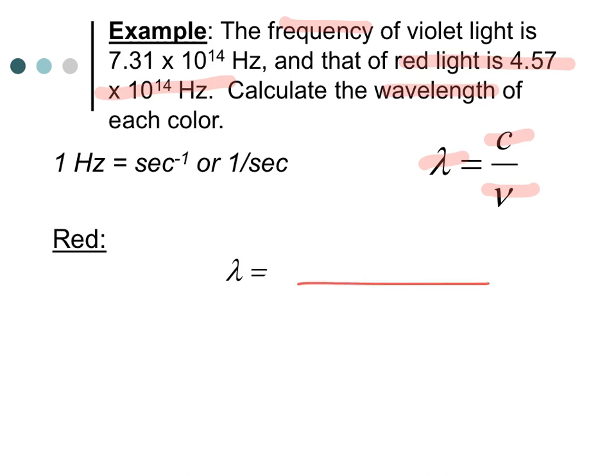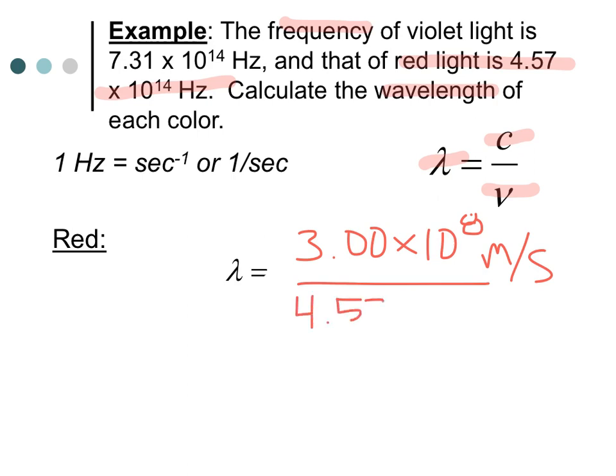On top will always be the speed of light, 3.00 times 10 to the 8th meters per second. On the bottom will be our frequency, which for the red light is 4.57 times 10 to the 14th hertz.